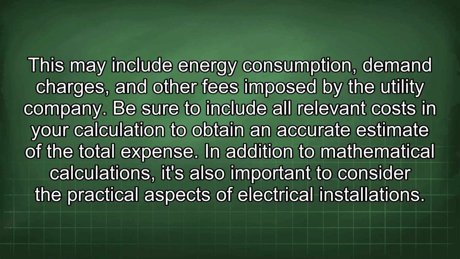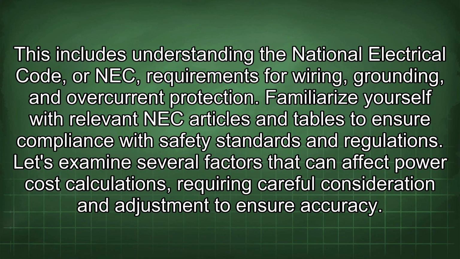In addition to mathematical calculations, it's also important to consider the practical aspects of electrical installations. This includes understanding the National Electrical Code, or NEC, requirements for wiring, grounding, and overcurrent protection. Familiarize yourself with relevant NEC articles and tables to ensure compliance with safety standards and regulations.